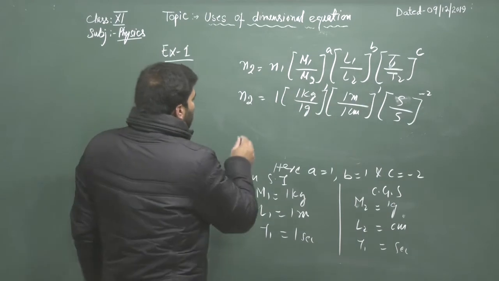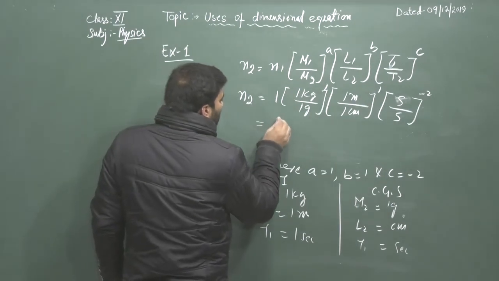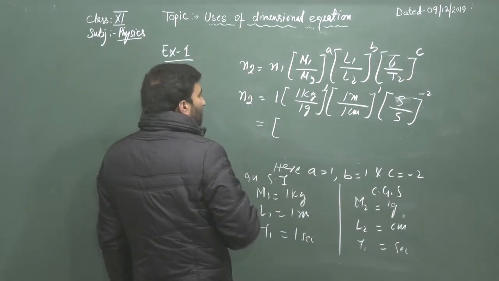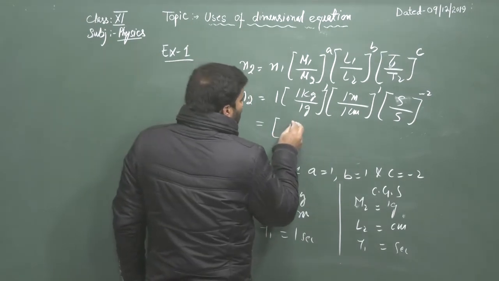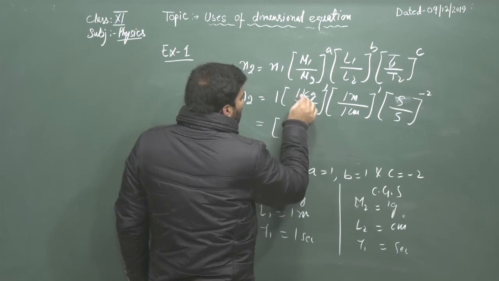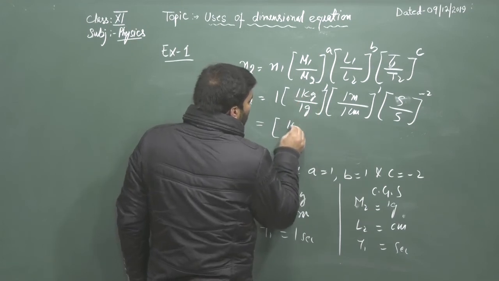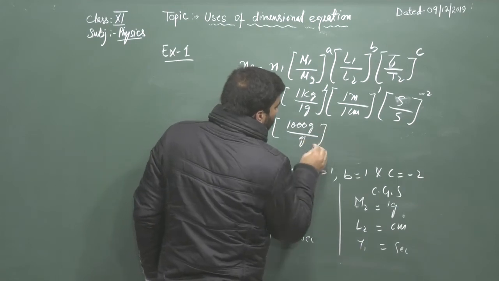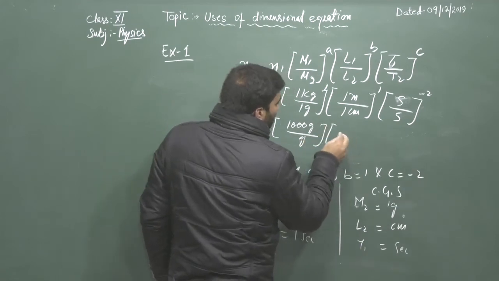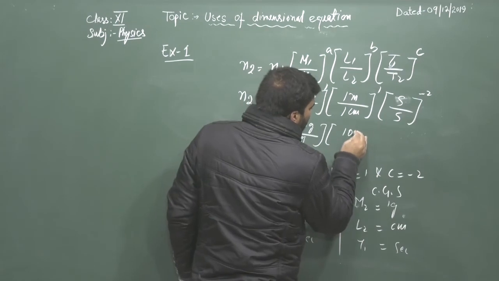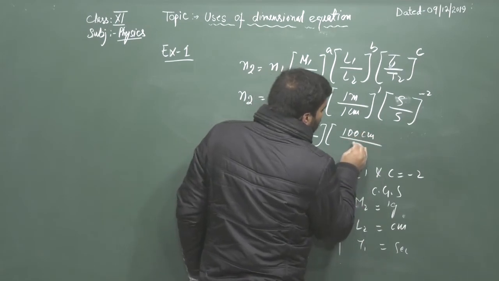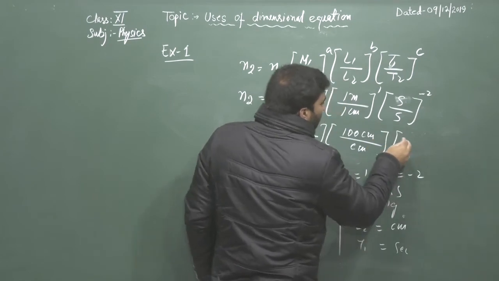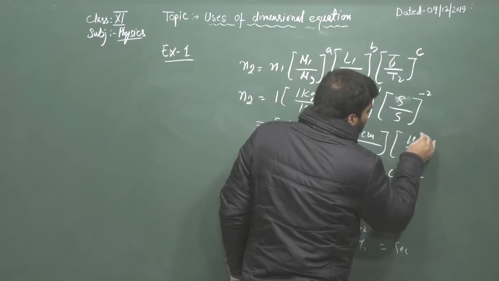So while converting them, we can write 1 multiplied by something is the same. We can convert the kg into gram, which will come out as 1000 gram divided by gram, into 100 centimeter divided by centimeter, into 1 second divided by 1 second.